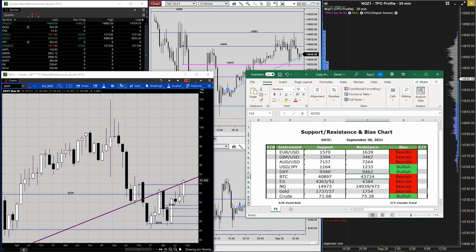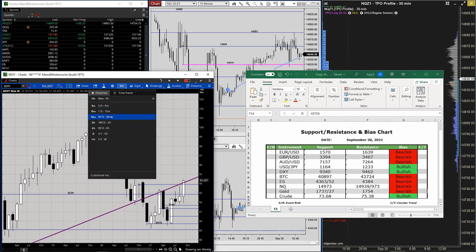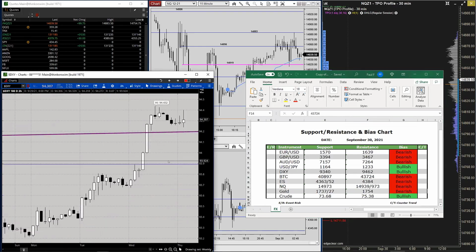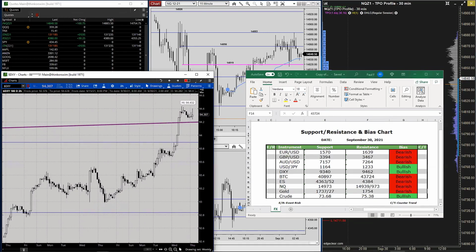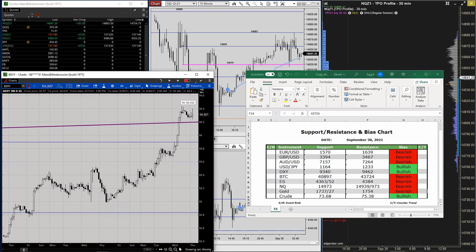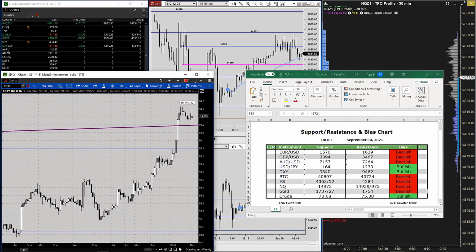And support. This is really taking off like nobody's business. Would be 94.01.